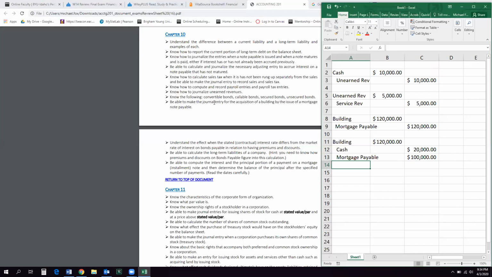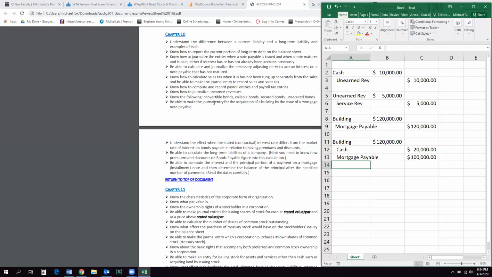Understand the effect when the stated interest rate differs from the market interest rate on bonds payable in relation to having premiums and discounts. So all you really have to know is that there's an inverse relationship between the bond price, what it will be issued at, and the market interest rate. So if market interest rates go down, then bond prices will go up.